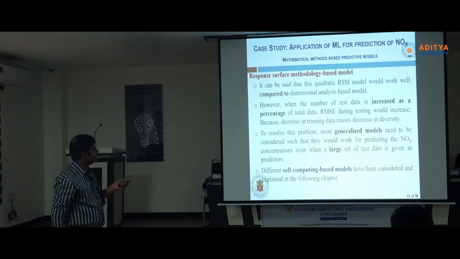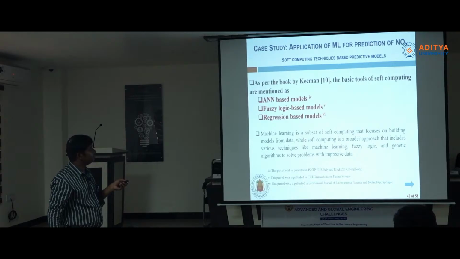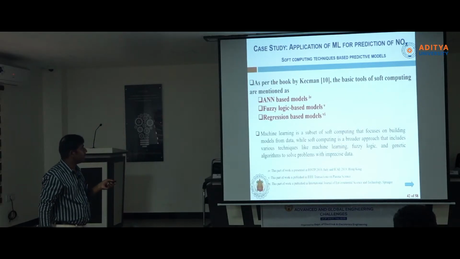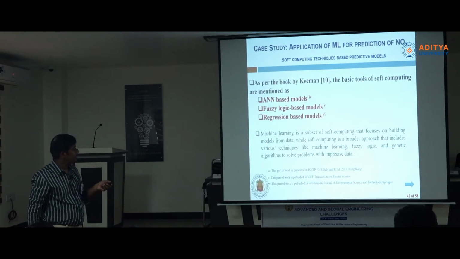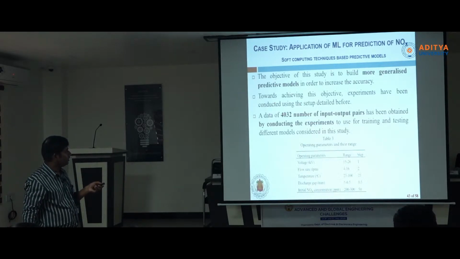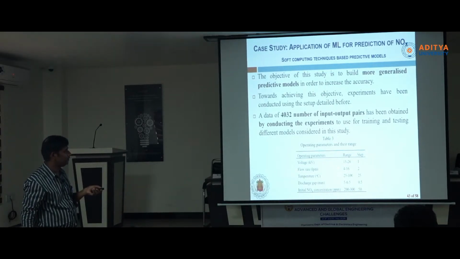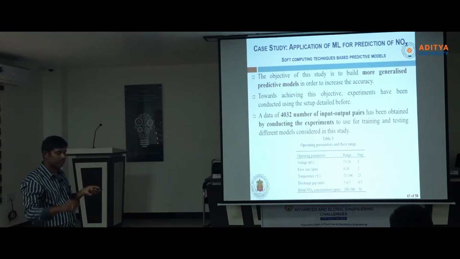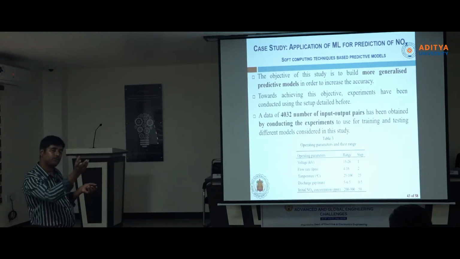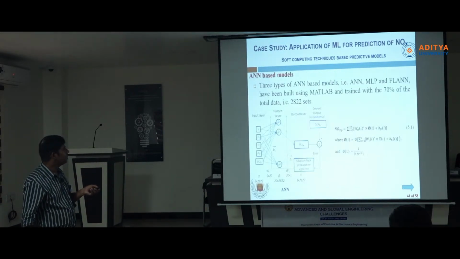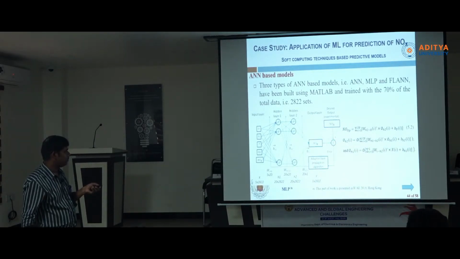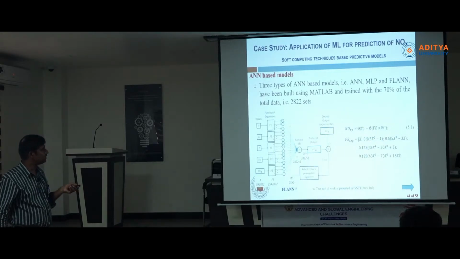Then I have taken these soft computing based techniques: ANN, fuzzy logic and regression based models. I formulated this problem. Now you can see the step size is 1 and voltage is varied from 15 to 26. Flow rate is also varied from 4 to 16 LPM. Then the temperature is also varied. Then the discharge gap: electrode diameter decides the discharge gap between the high voltage and negative electrode. Then the models starting from ANN, then MLP, multi-layer perceptrons, then fuzzy logic.